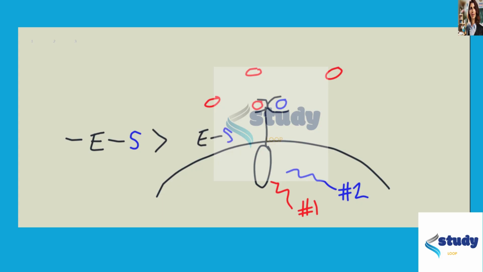Because finding one space out of two is faster than finding one space out of one. And then we can get our second substrate on there. So this rate is faster than this one.